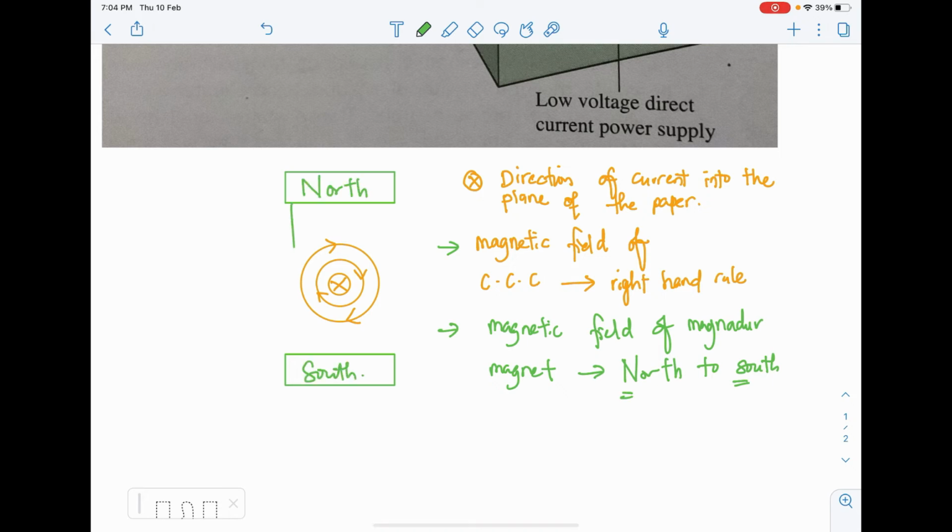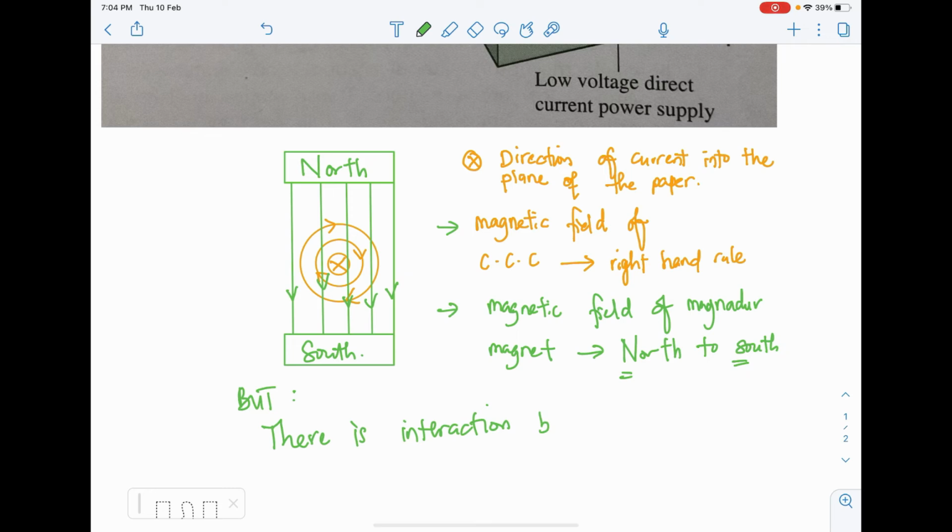But remember that there is interaction between the magnetic field of the current carrying conductor and the magnetic field of the magnet, known as the catapult field.